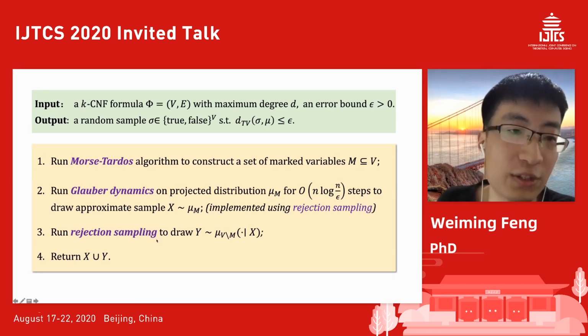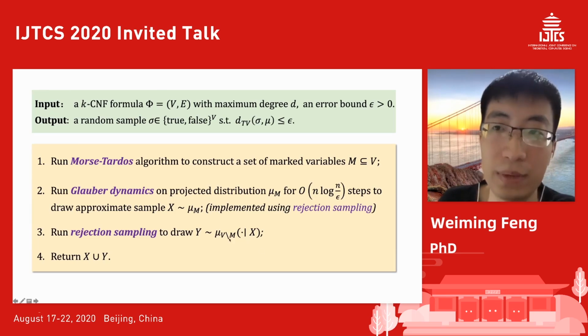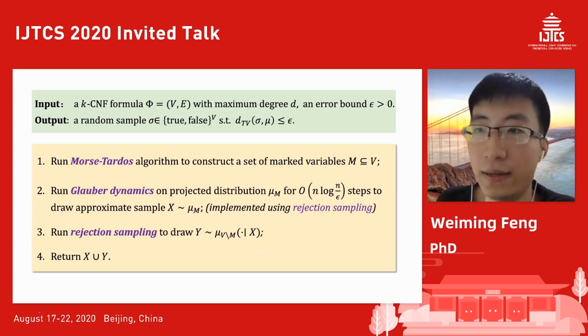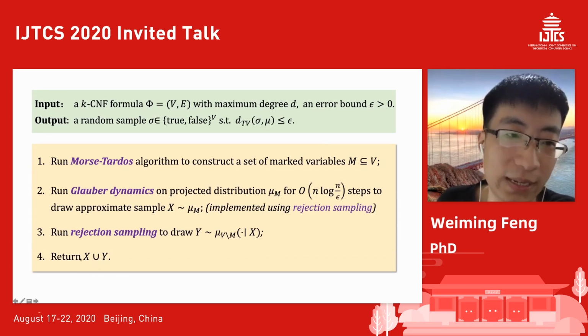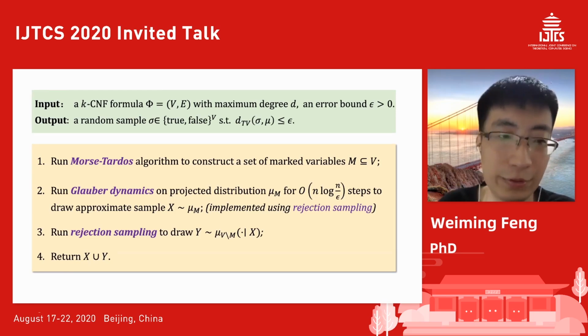And we use the rejection sampling again to draw a random assignment for all the variables in the complement of M. So finally, we can put marked and unmarked variables together to get our final output.